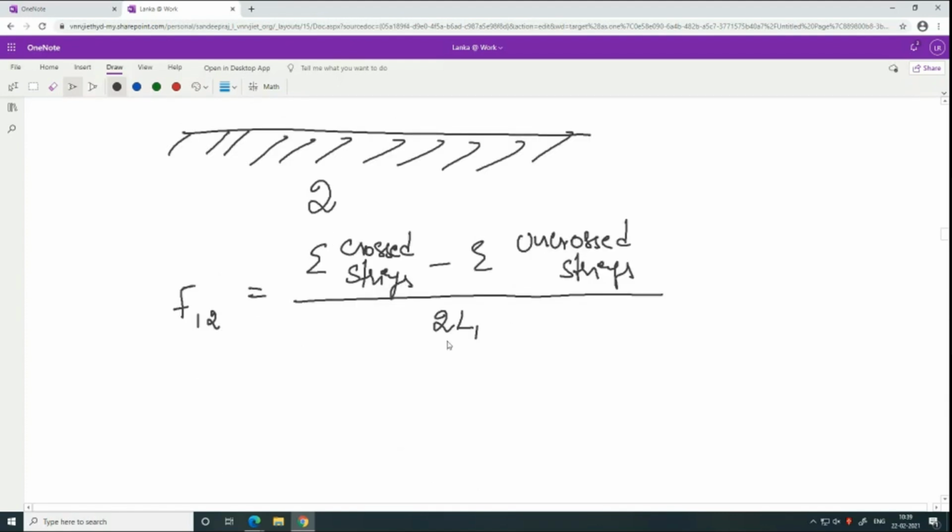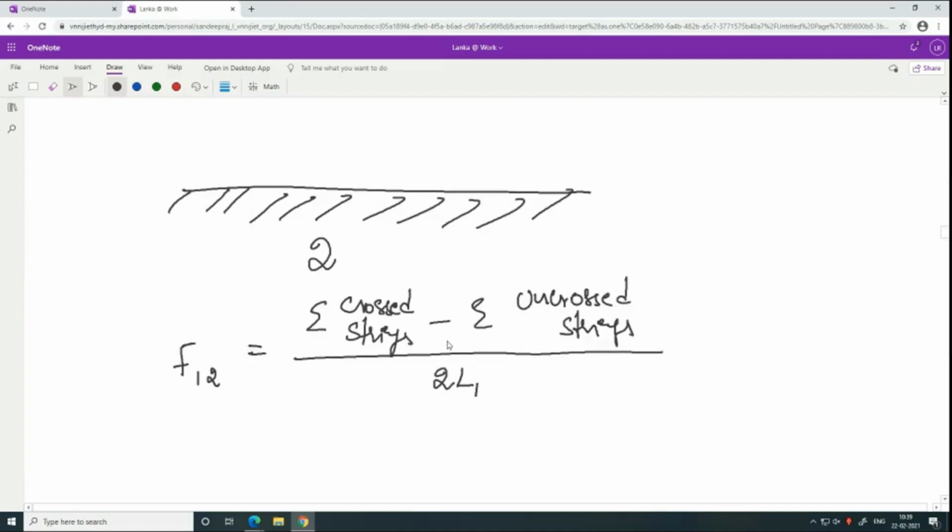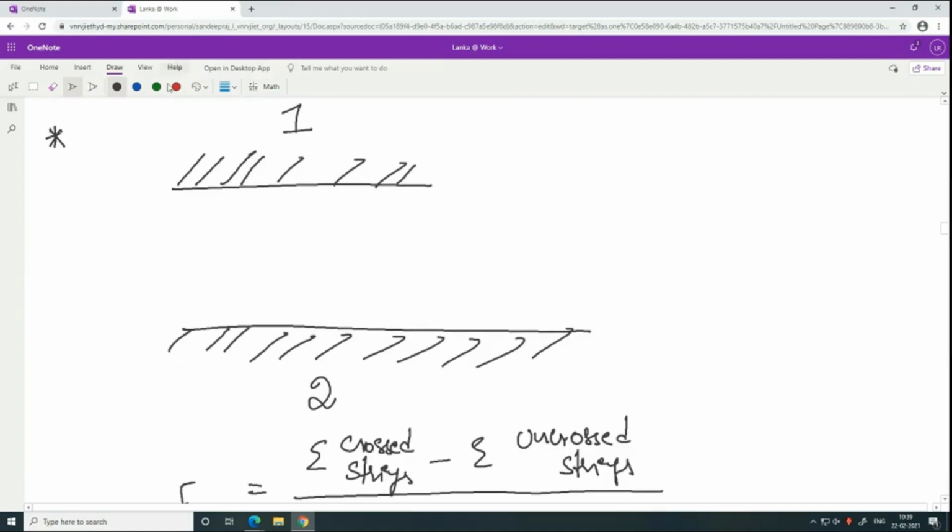What is a crossed string? What is an uncrossed string? Crossed string means we have to take a length from one end to the other edge, this edge to this edge, and then this edge to this edge.